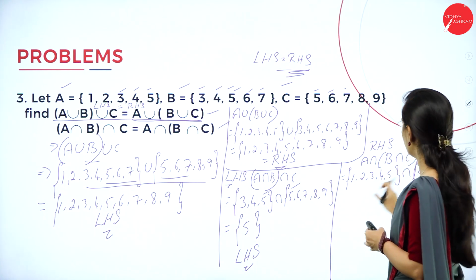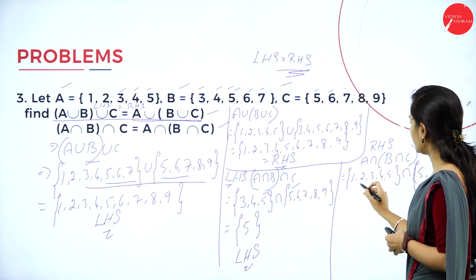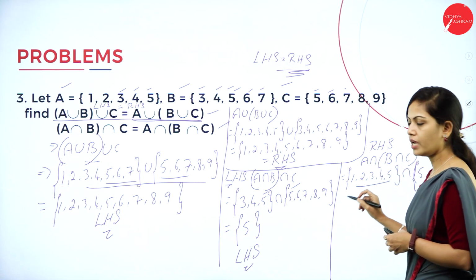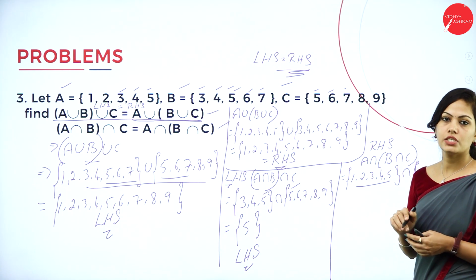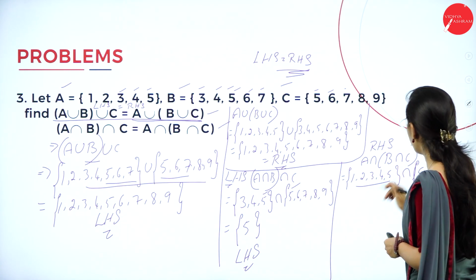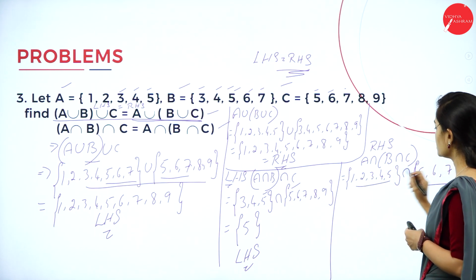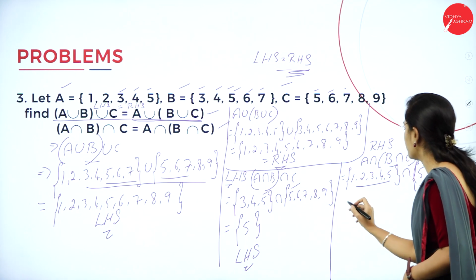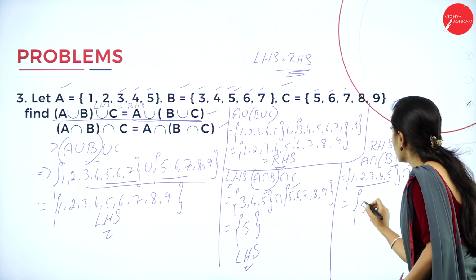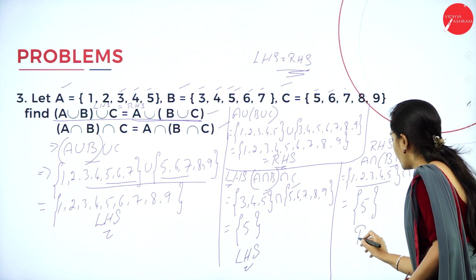Finally, you can find the common element in set A and in B intersection C. Which is the common element in both sets? 5 is the common element in both sets. So this is your RHS.